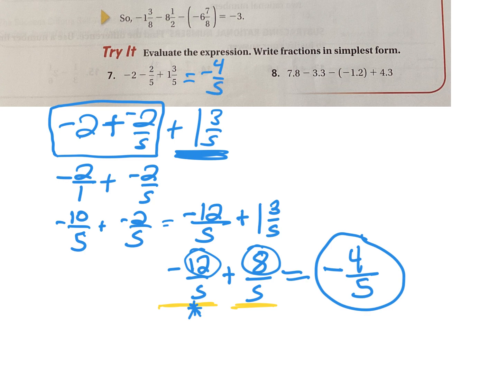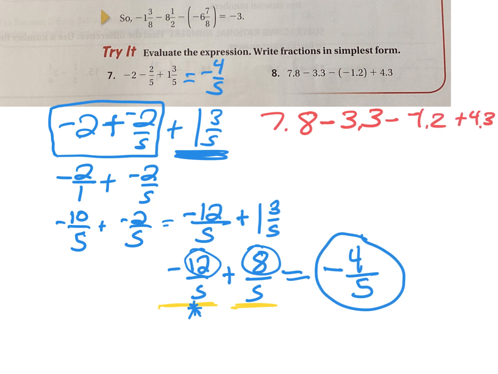All right, let's try number 7. Number 7, there's 4 of them. So I'm going to give you a little different method on this one. 7.8 minus 3.3 minus negative 1.2 plus 4.3.